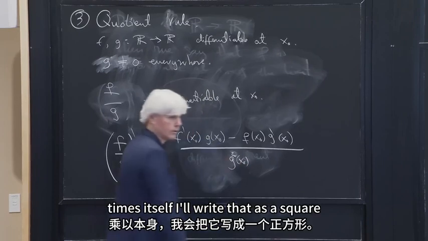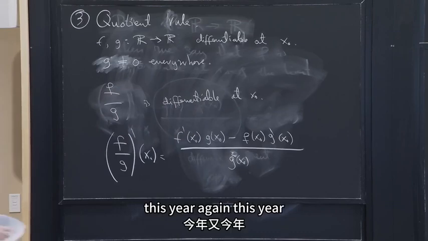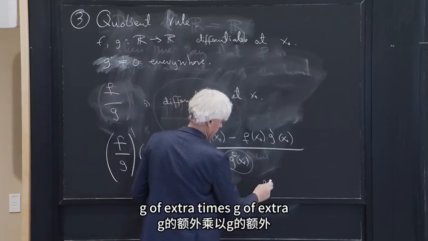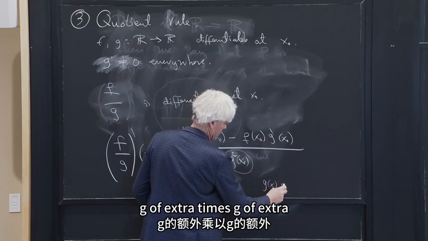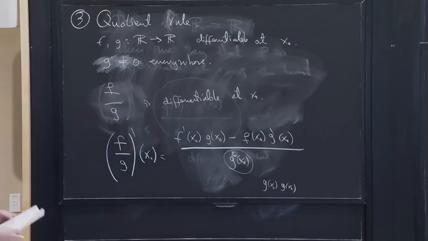I'll write that as a square. This here again is just g of x0 times g of x0.